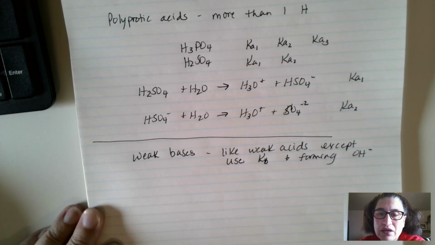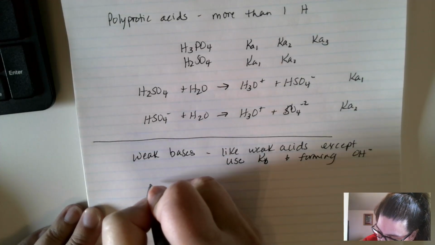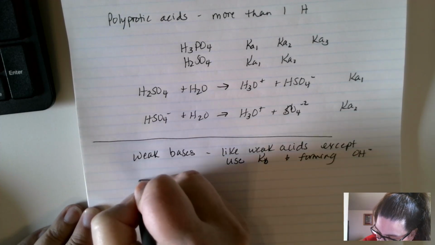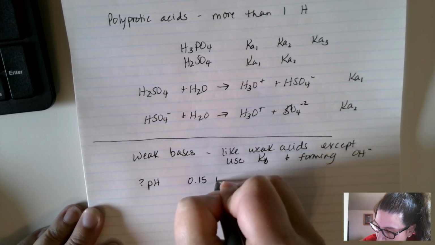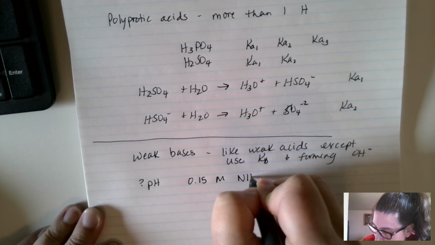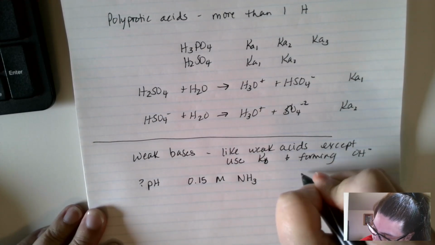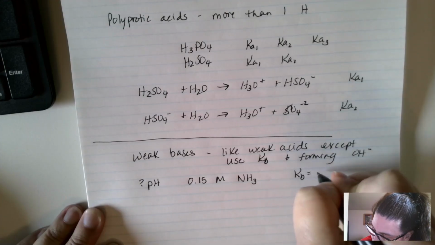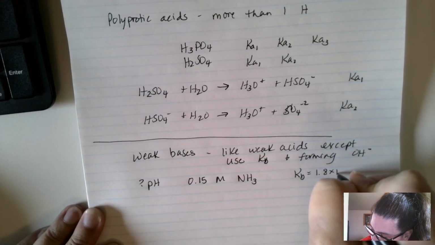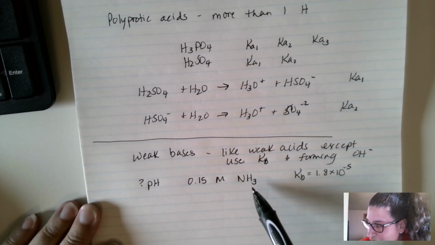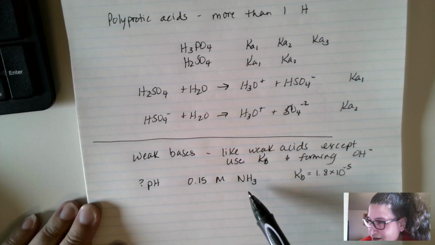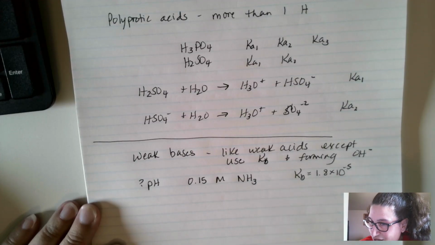Alright, so we have an example. It wants to know what is the pH. So what is the pH of a 0.15 molar NH3? And Kb is 1.8 times 10 to the negative fifth. It's always kind of strange. The Kb for ammonia is the same number as the Ka for acetic acid.